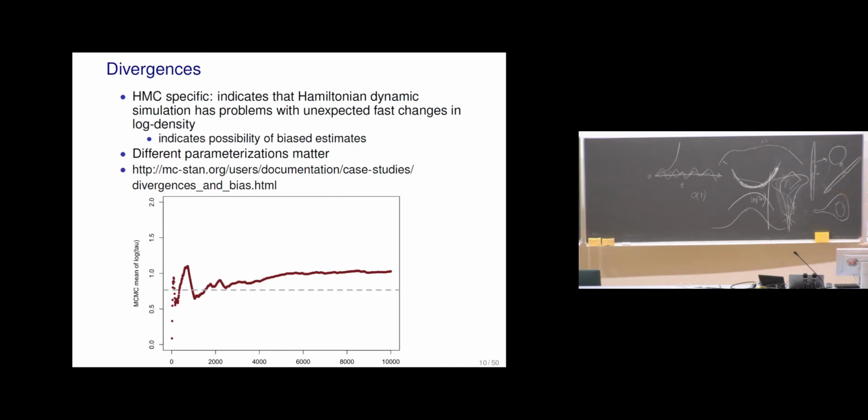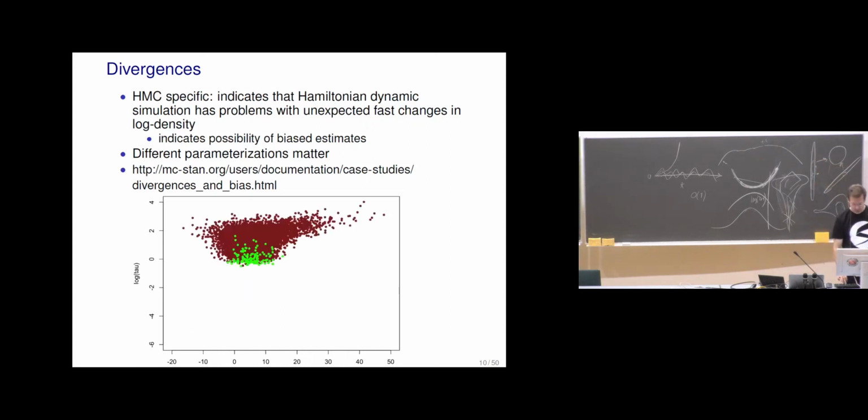Even running longer doesn't solve the problem. It's so difficult to get in the low part that there's a bias, but these divergences reveal that we have a problem, and with more draws it's even more obvious that something makes it really difficult to get further.